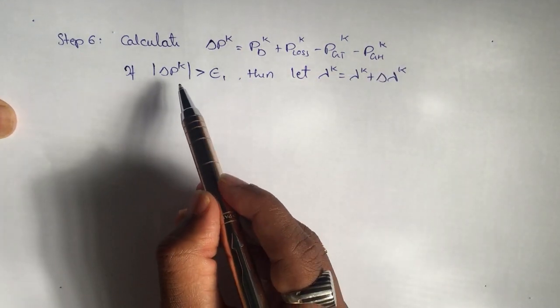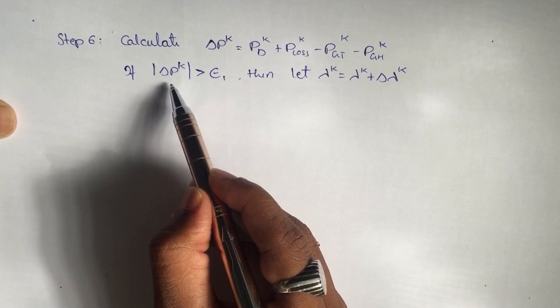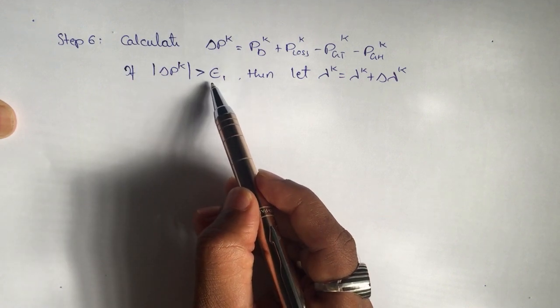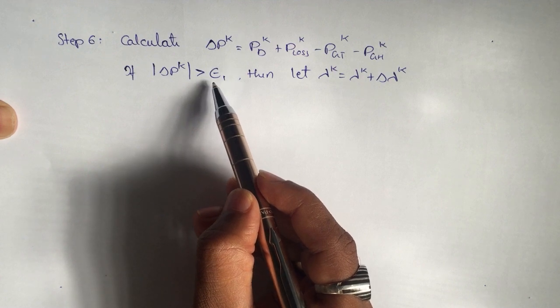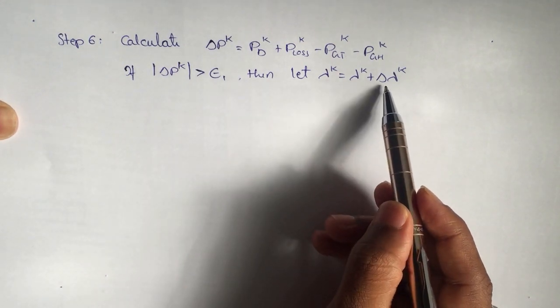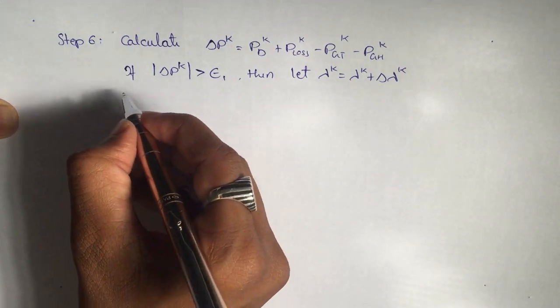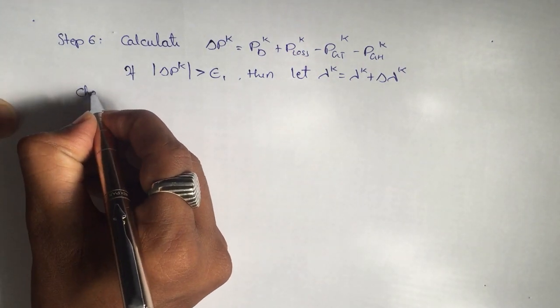Okay, if the deviated power is more than the tolerance, epsilon 1 is the power tolerance that we choose. If it is more than the epsilon 1, we are going to increase the value of lambda by small value delta lambda k.